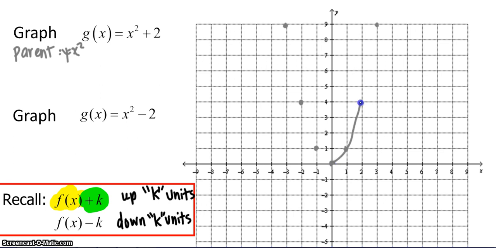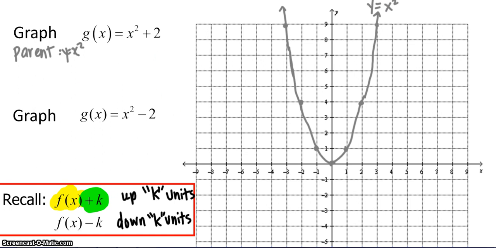As quickly as I've done here, which only takes a few seconds unless you're on the computer trying to draw this. And then it takes a little bit more time to be as perfect as possible. Okay, so there's our parent function, y equals x squared. And I'm just using y here instead of function notation, g of x.